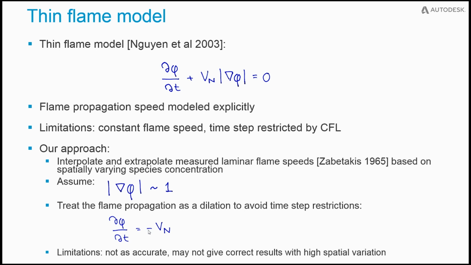We do also support the more complicated level set advection scheme or propagation scheme, but by default we use this approach, which is not restricted by the CFL condition, such that you can take arbitrarily large time steps. And these flames can propagate at a very high speed, so if we really need to take the CFL into account for these flames propagating, it will seriously hurt performance of the solver.